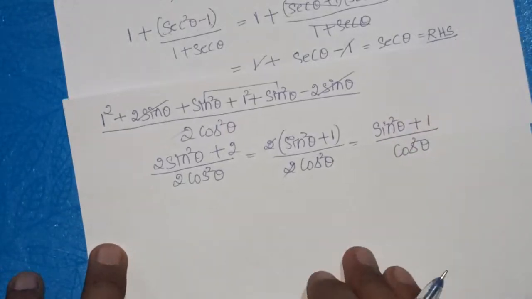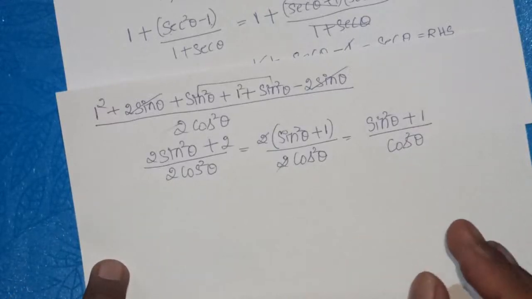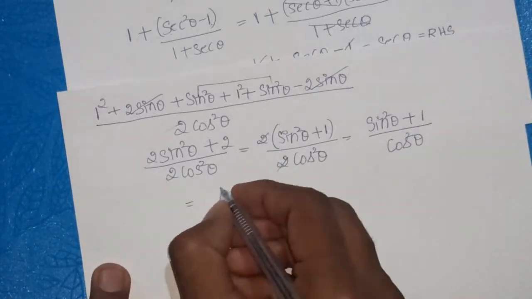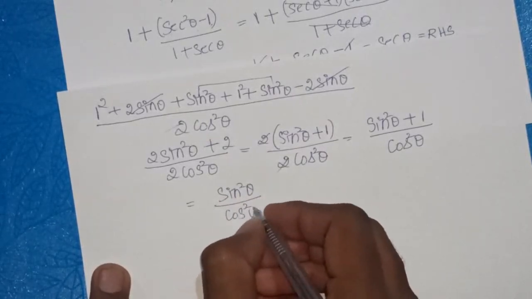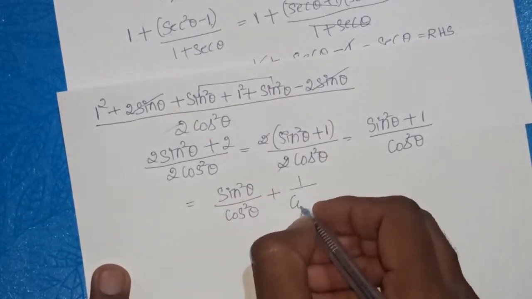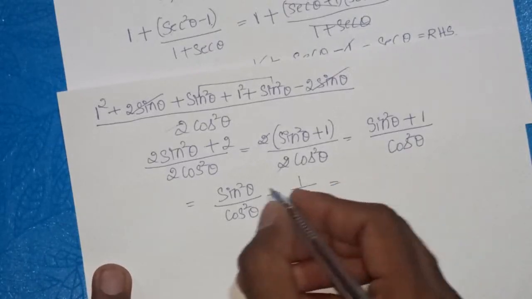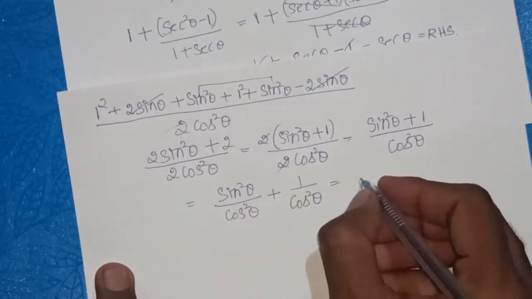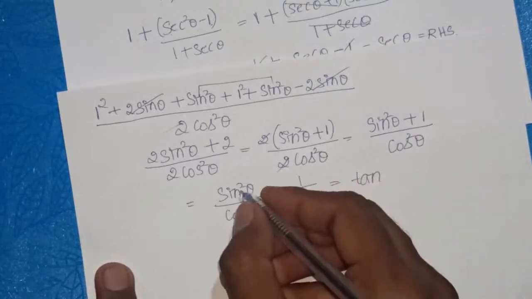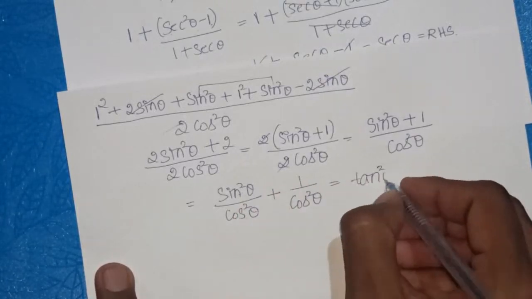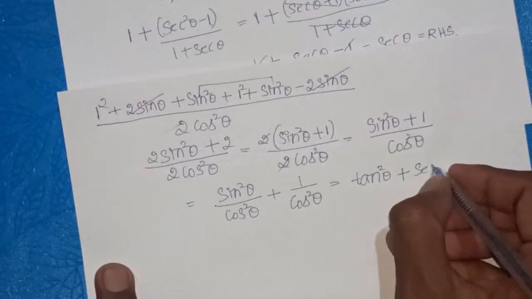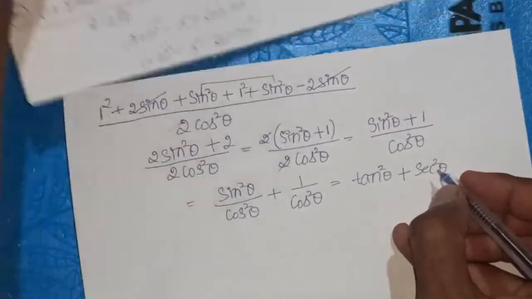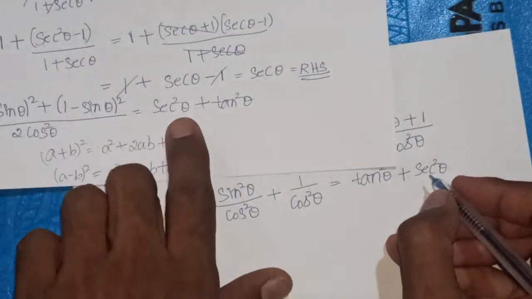Now we are going to split the numerator, that is sin square theta by cos square theta plus 1 by cos square theta. We know that sin theta by cos theta can be written as tan. Therefore, sin square theta by cos square theta can be written as tan square theta, plus 1 by cos square theta can be written as secant square theta, which is equal to our RHS, secant square theta plus tan square theta.